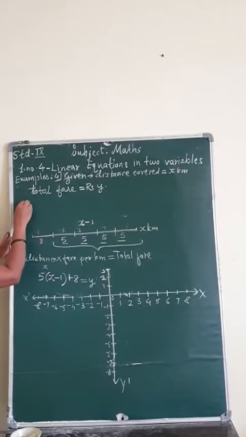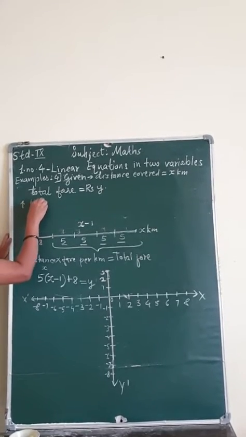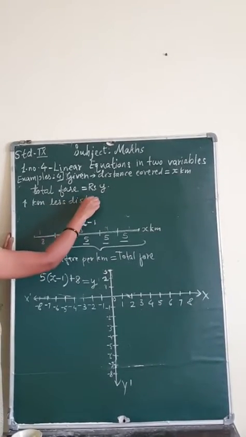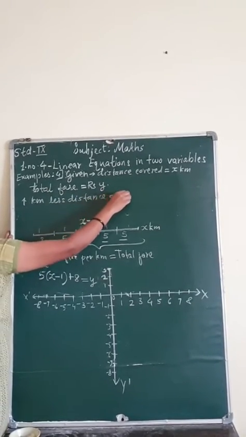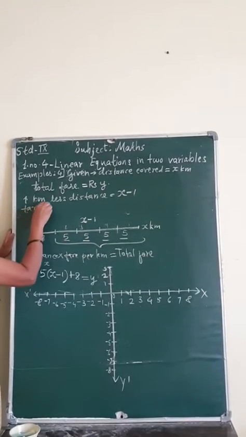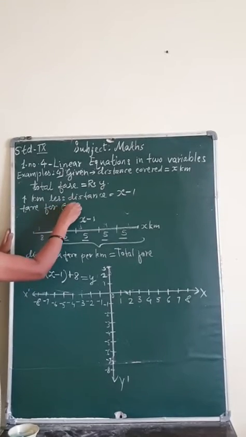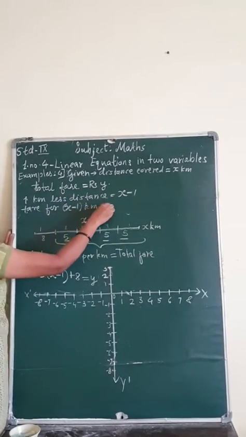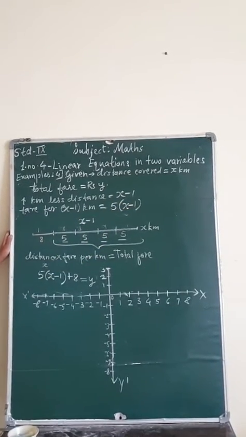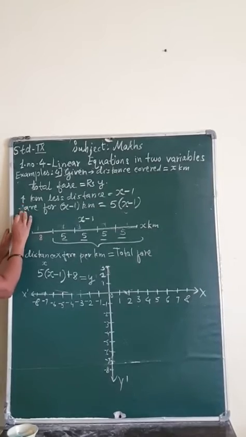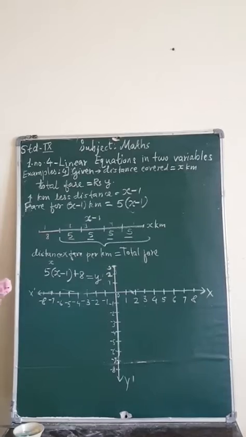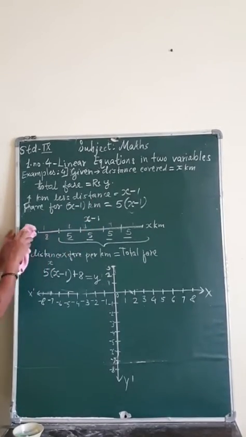Now the 1 kilometer less distance we express as x minus 1. So the fare for x minus 1 kilometers will be 5 into x minus 1, that is 5 in bracket x minus 1.